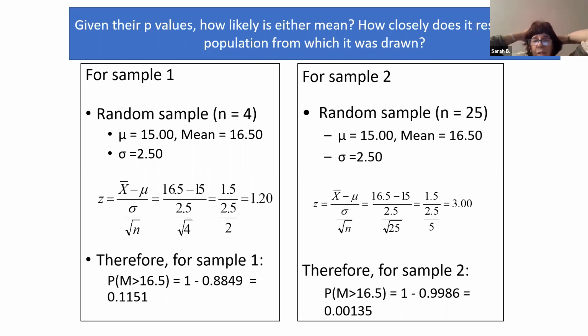So unless you know all the ingredients, the population mean, population standard deviation, the sample mean, and the sample size, it's very difficult to compare the scores in terms of their likelihood. And this is what we want to do. We want to know how likely something is under the assumption that it's a random sample from the population.